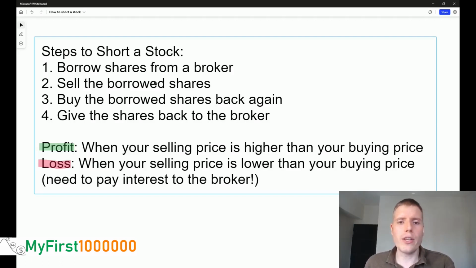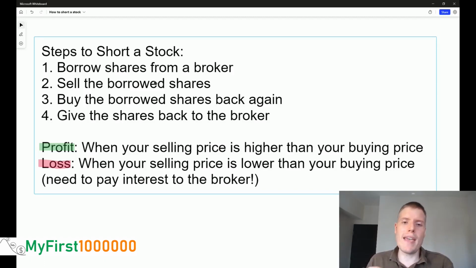So how are you able to profit from this strategy? Basically, the logic is directly opposite of when you're buying long positions. You will profit when the stock market is falling. So when your sales price first is higher than your buying price later, then you will be able to profit from the difference.